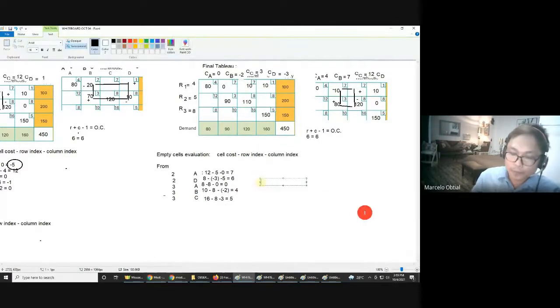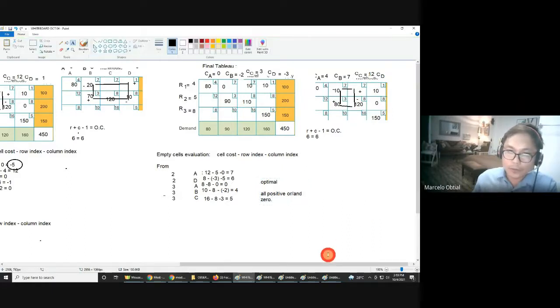So therefore, optimal. Okay, why optimal? All positive, 4 slash and 0. Okay, so that's why it's optimal. Therefore, as manager or supervisor, this will be your decision.